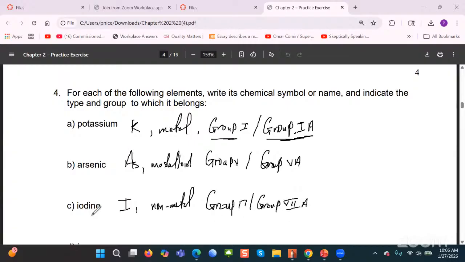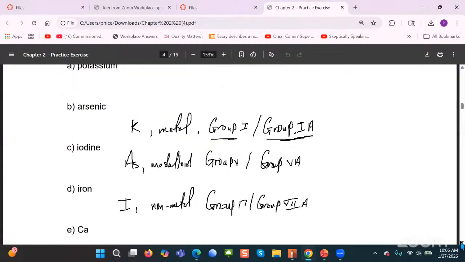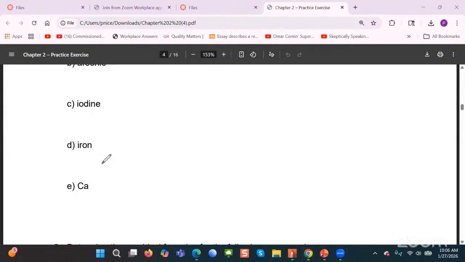All right, and then continuing. Okay, let me clear this here. Iron. The symbol for iron is Fe. Again, there's a difference in the group number, so let me look at my periodic table here.